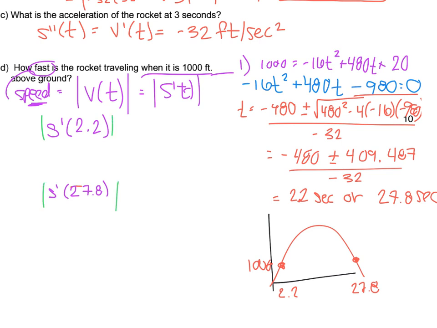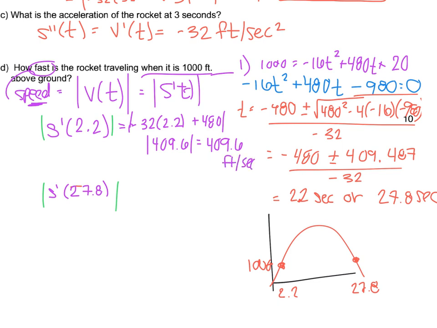So we're just going to plug in the values now. We saw above that the derivative was negative 32t plus 480. So negative 32 times 2.2 plus 480, and we're taking the absolute value of that. Negative 32 times 2.2 plus 480 ends up being positive, about positive 409.6, which is 409.6 feet per second.